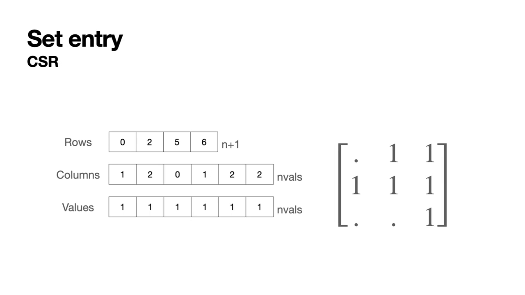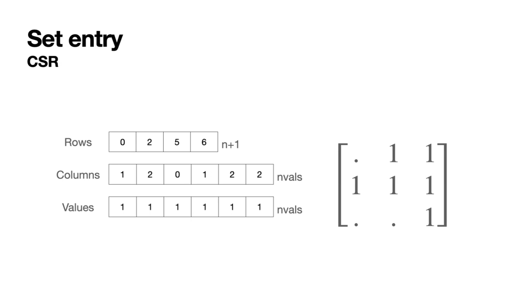We have 1 entry for every row in the matrix. And then we have 2 additional arrays. One we refer to as the columns array, and another one the values array. And these are of length nvals, nvals meaning the number of active entries in the matrix.